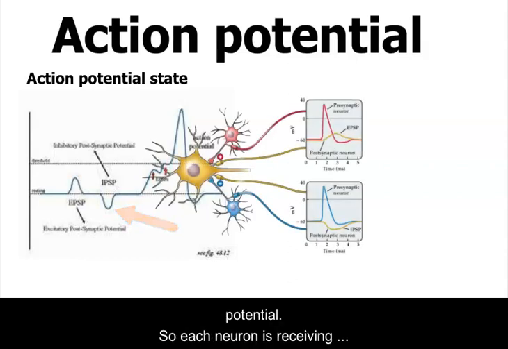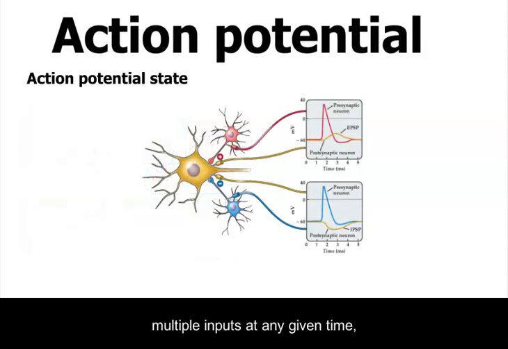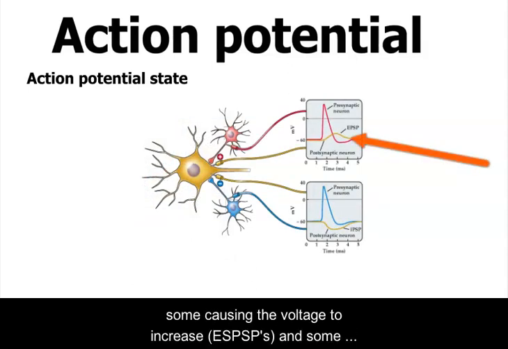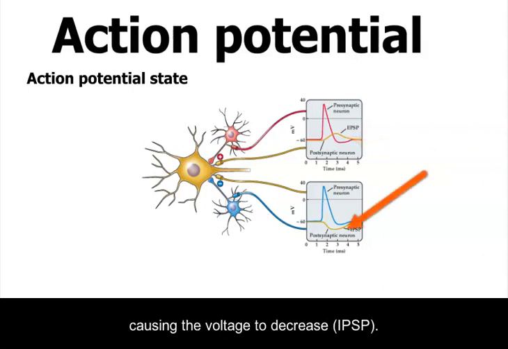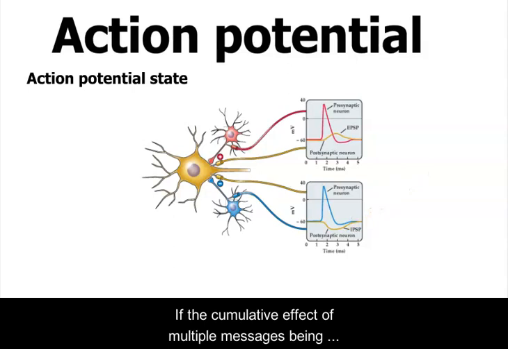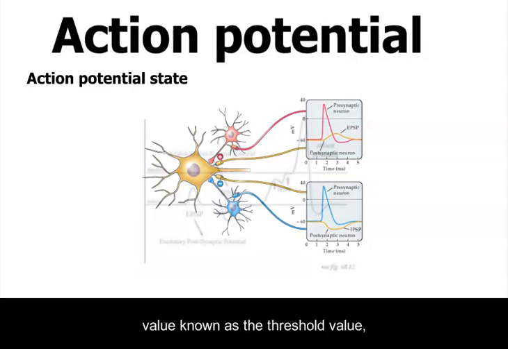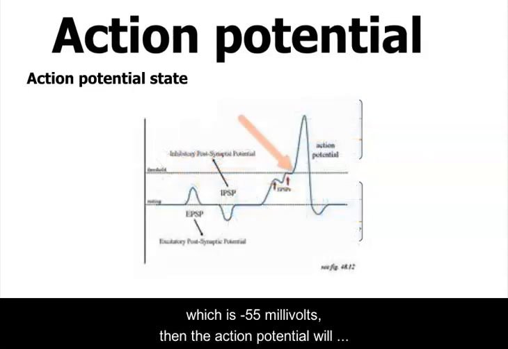So each neuron is receiving multiple inputs at any given time, some causing the voltage to increase, EPSPs, and some causing the voltage to decrease, IPSPs. If the cumulative effect of multiple messages being received causes the cell voltage to reach a particular value known as the threshold value, which is minus 55 millivolts, then the action potential will begin.